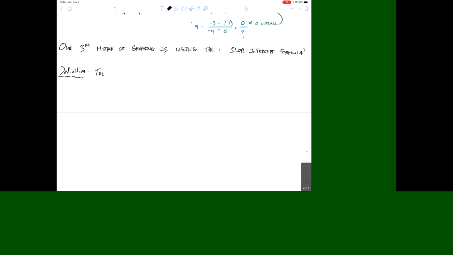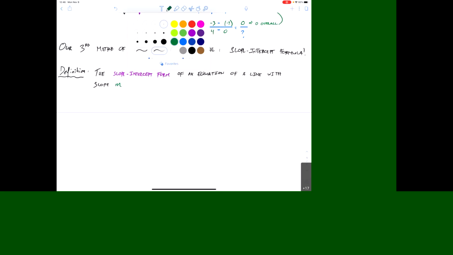All right, the slope-intercept formula of an equation of a line with slope m and y-intercept.